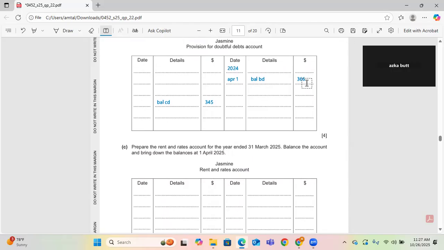So the difference is 366 minus 345. By how much has it decreased? 21. So provision will be debit because it's decreased, and the income statement will be credit.